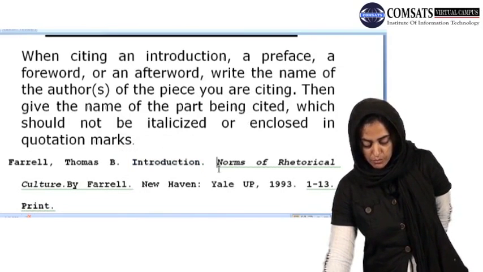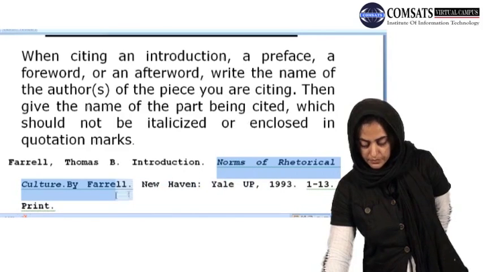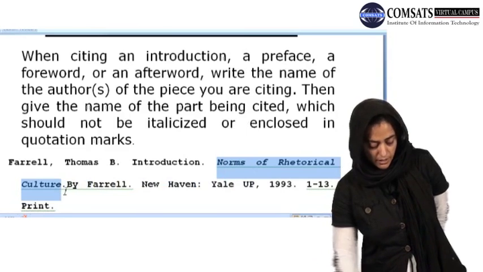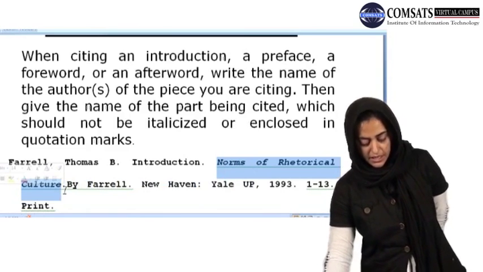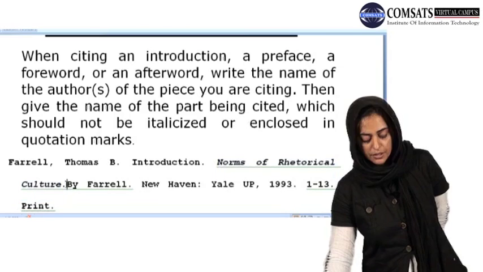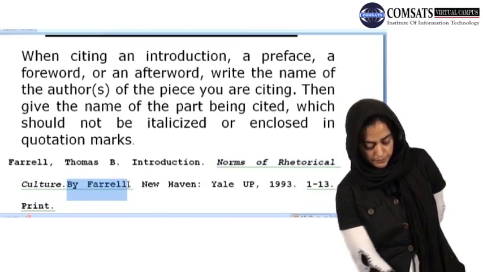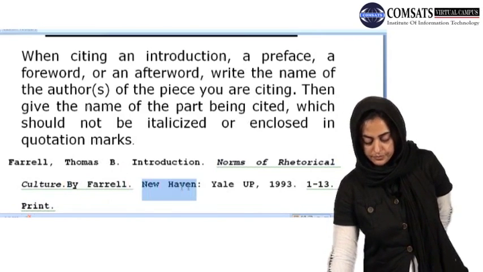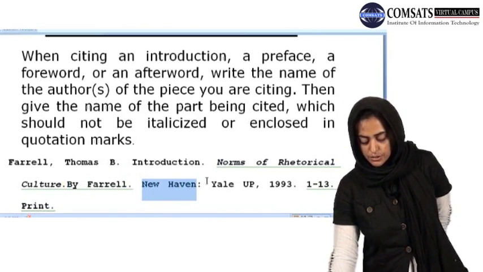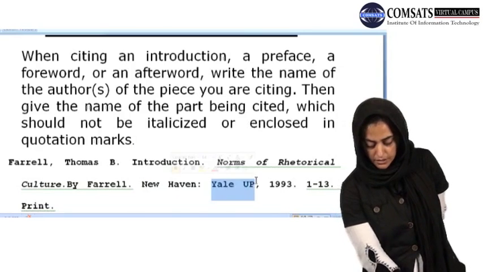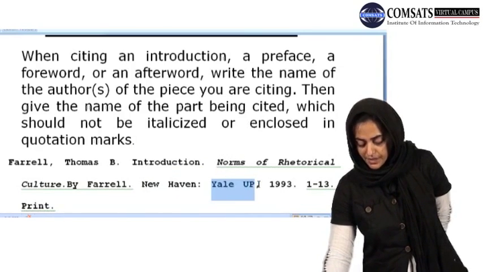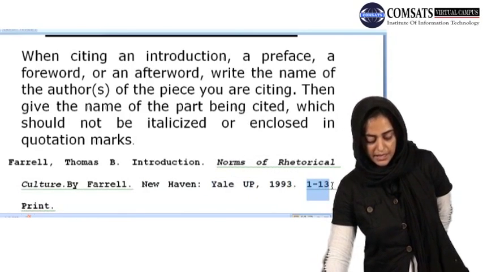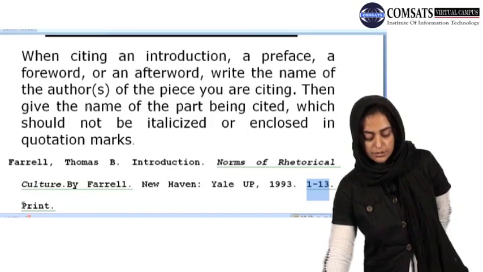After that, dear students, is the name of the entire book, in italics: Norms of Rhetorical Culture. Then again comes the name of the author after a dot, by Farrell. New Haven, the city of publication, then after colon the publisher's name, then the year of publication, then the page numbers, and then the medium of publication.